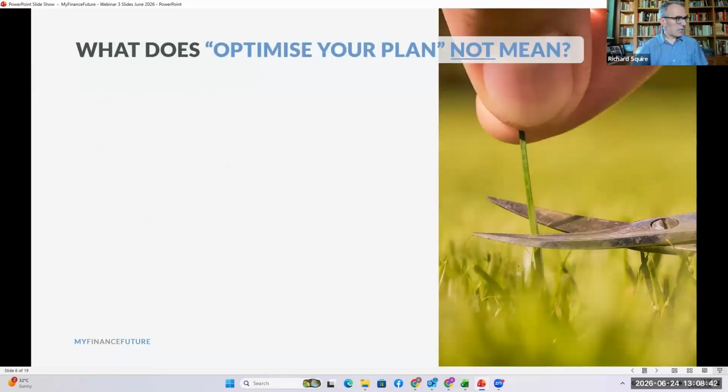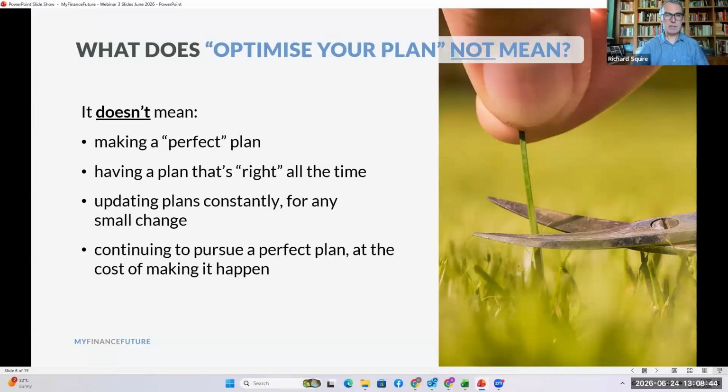So what doesn't it mean? Just to dispel a few myths. I can't emphasize enough that it doesn't mean making a perfect plan. There's definitely a law of diminishing returns around this. You'll get a lot of the benefit out of making the big decisions and getting to a sort of 80 to 90% answer. After a while, refining it further stops having value, especially considering things do change.